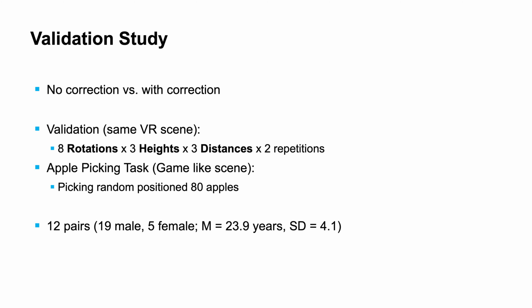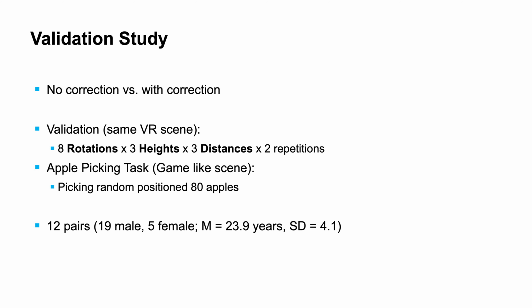The first part is a pure validation study where we only reduce the parameters in half to keep the study lengths manageable. And in the second part, we have a more free task, which is more game-like, where we ask the pointer to aim at an apple and the observer to pick the right apple, validating our model in a more natural environment. And for the validation study, we recruited 19 male participants and 5 female participants with an average age of 23.9 years.